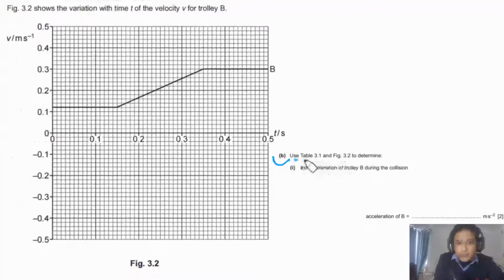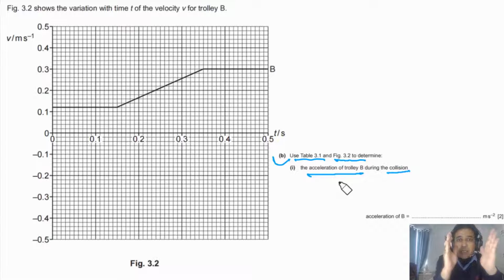Part B says, use Table 3.1 and Figure 3.2 to determine the acceleration of trolley B during the collision. So we need to determine the acceleration of trolley B, meaning the time when there is a net force acting on trolley B. That net force is there when these two trolleys collide with each other, they exert force on each other, and that force has the same magnitude but opposite direction.